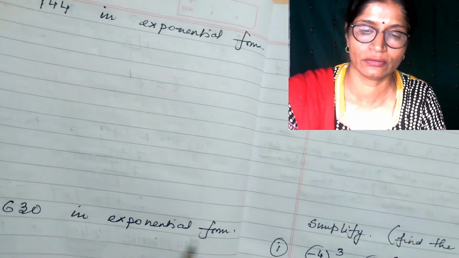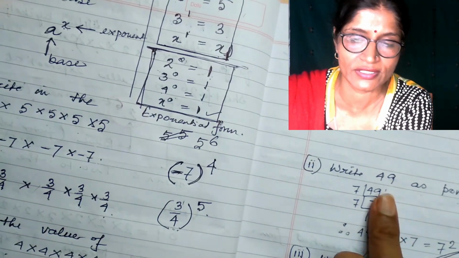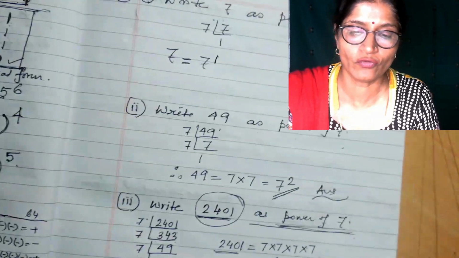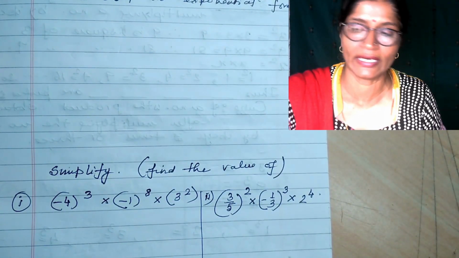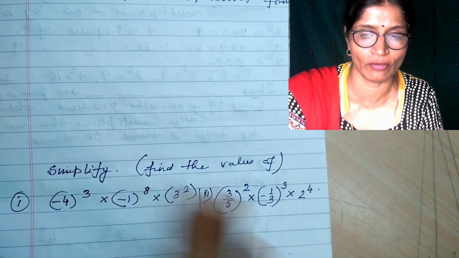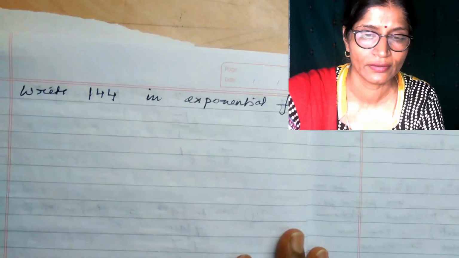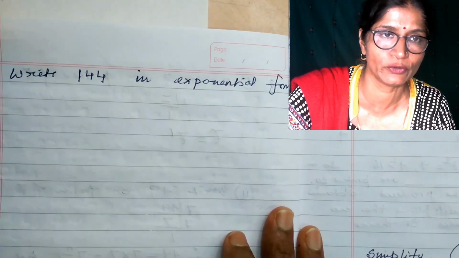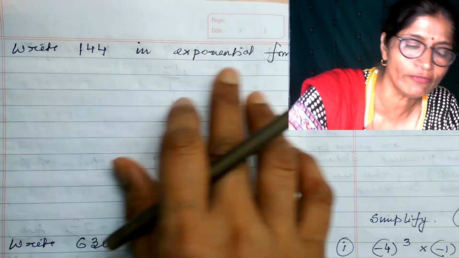This is the same thing, but here the question is given in a little bit different way. You have to write 2401 as a power of 7, and here it is given that you have to write this in exponential form. So in exponential form, when you have to write this one in exponential form, 144.